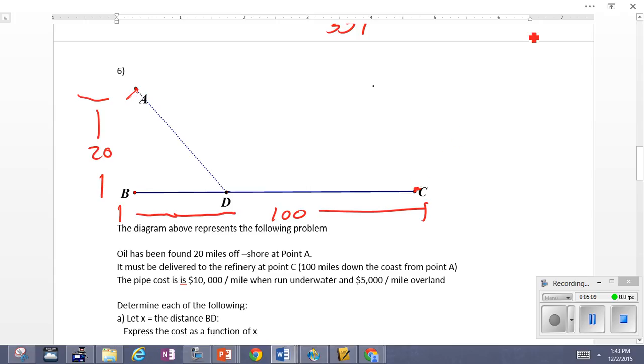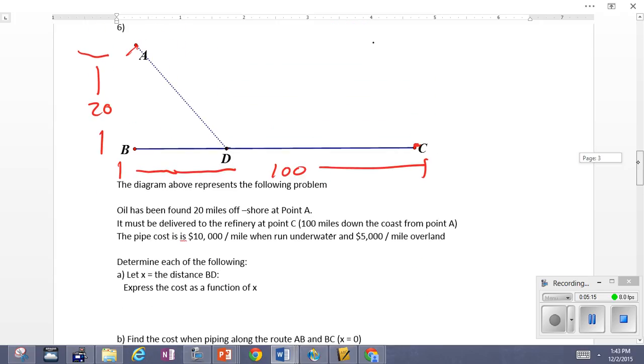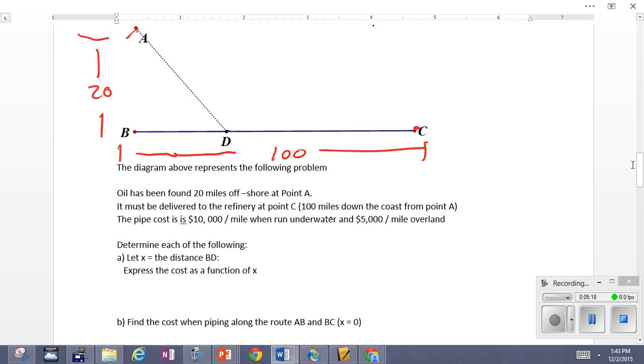I'm asking you to explore 3 different options, but the one which is the most cost-effective is what we're after in the long run. Offshore, to run the pipe underwater, is $10,000 per mile, and to run it across land is $5,000 per mile.